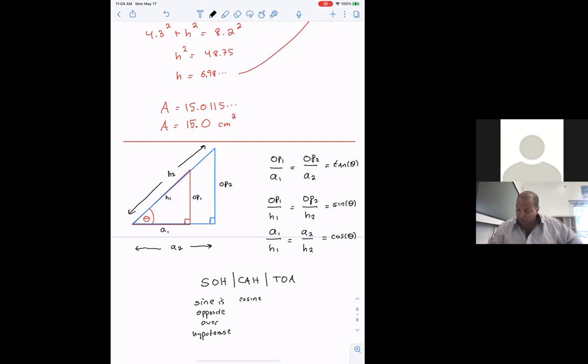Cosine is adjacent over hypotenuse. And finally, we have tangent is opposite over adjacent.